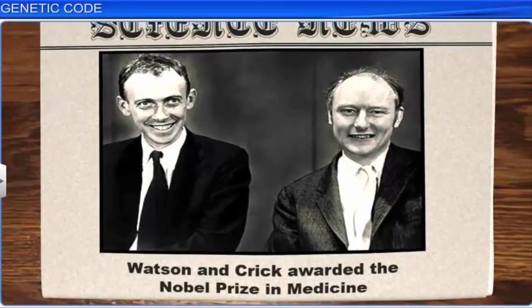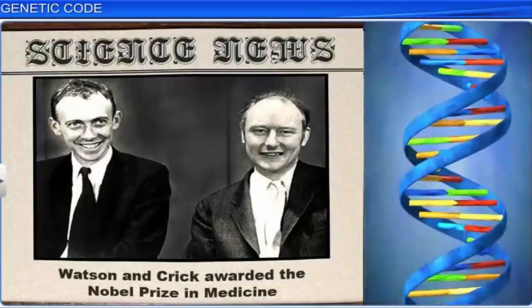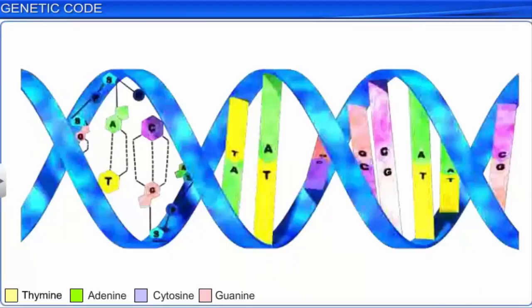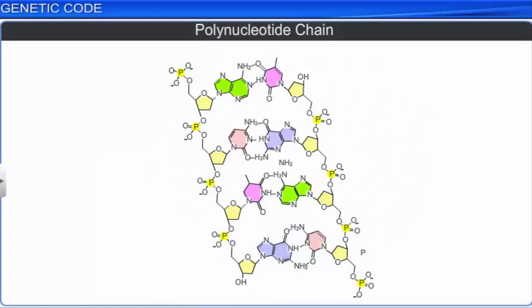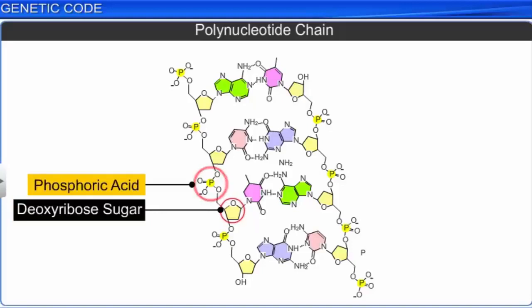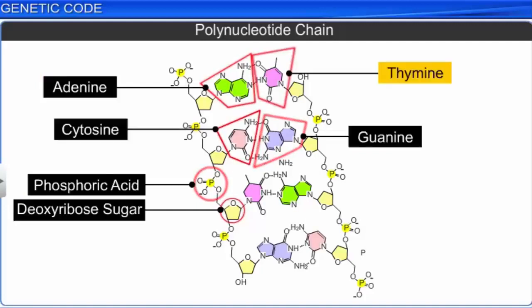In 1962, James Watson and Francis Crick won the Nobel Prize for Medicine for deciphering the structure of DNA, the molecule that contains an organism's genetic blueprint. Through experiments, Watson and Crick had revealed that DNA was a double helix polynucleotide molecule, with each nucleotide consisting of the deoxyribose sugar, phosphoric acid, and nitrogenous bases adenine, guanine, cytosine, and thymine.